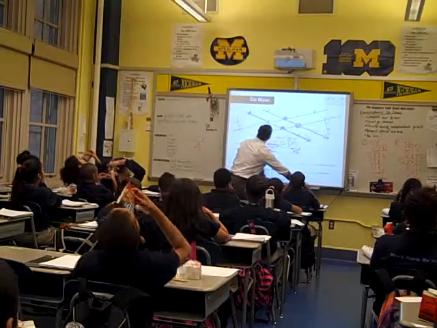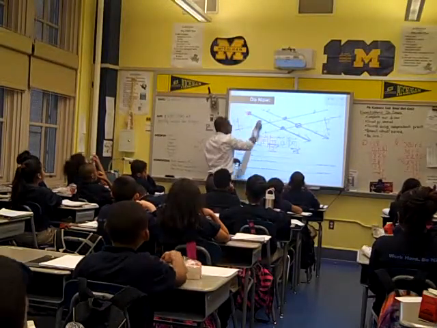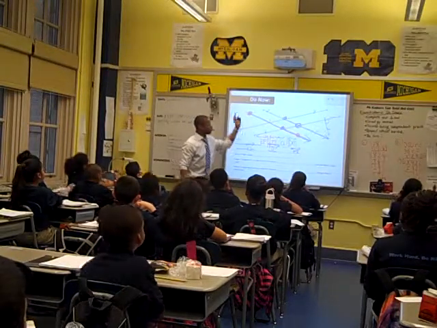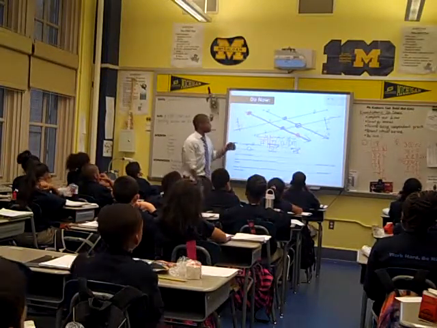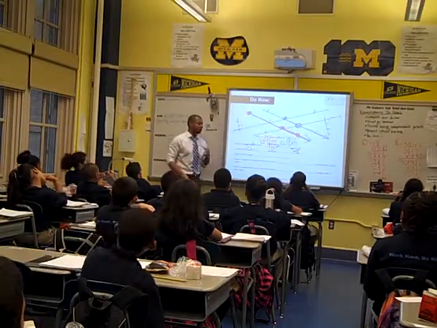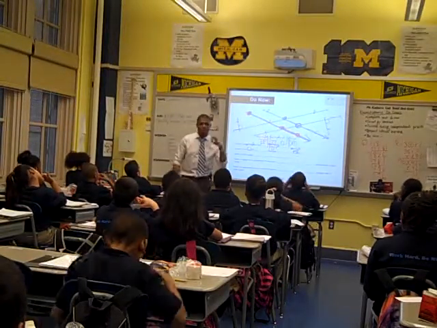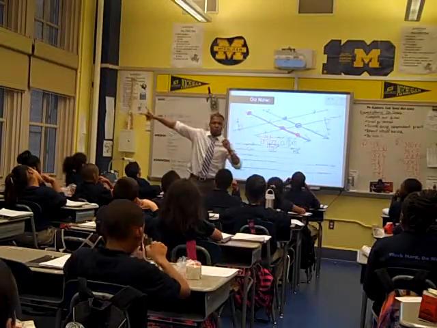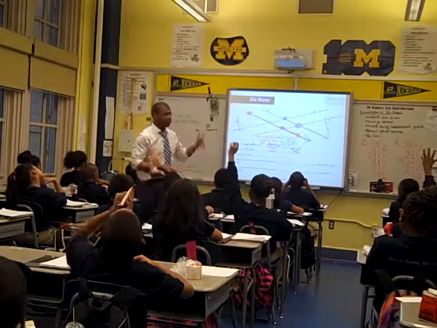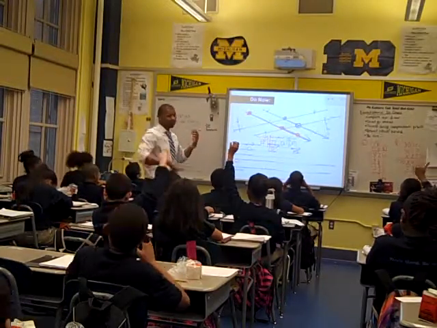So this one, CL, you're starting at C, you could stop at L. But you could also keep on forever and ever. You could start at J and stop at L, or you could keep on going forever and ever. If you say it's a ray, that means you're starting somewhere and going through another point forever and ever. You could choose whatever point you want, even if there are other points beyond it.